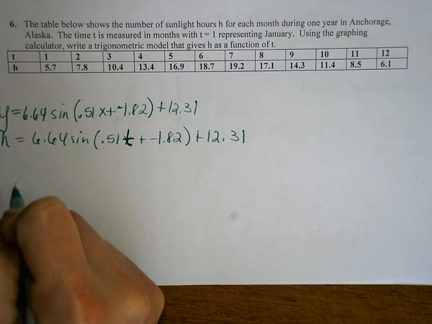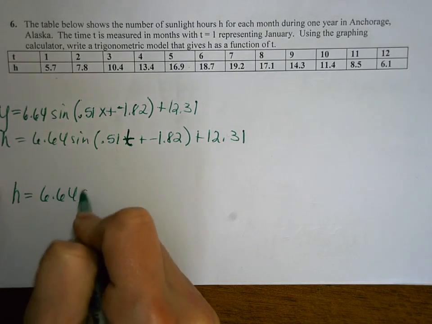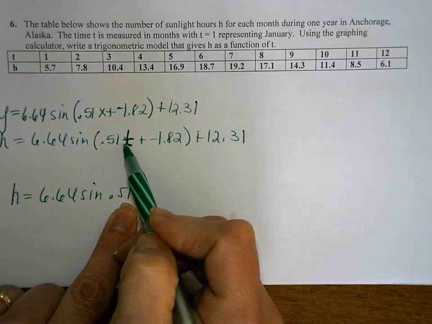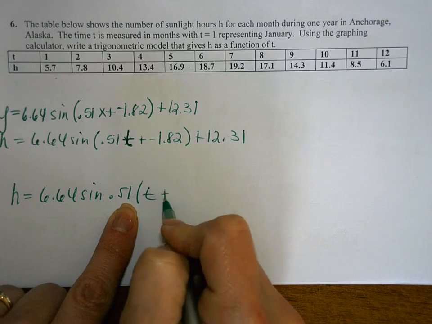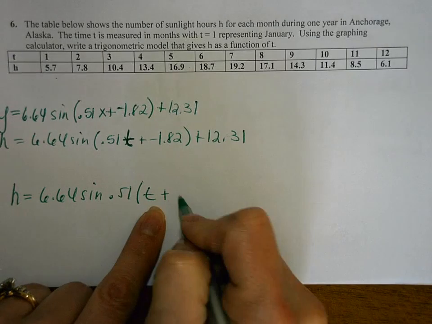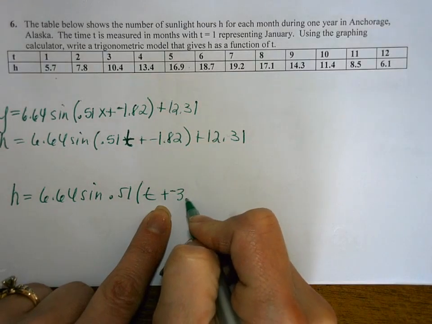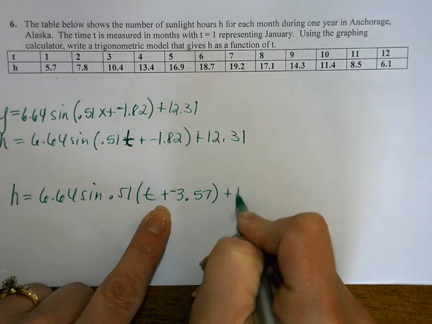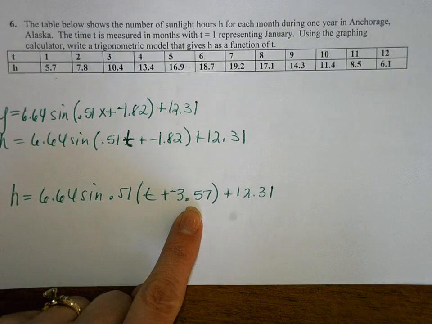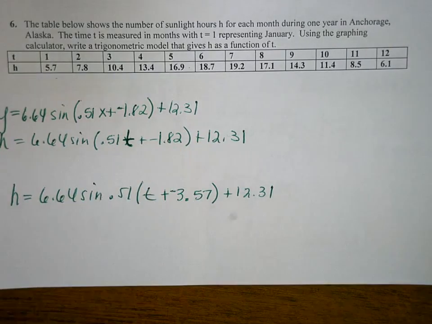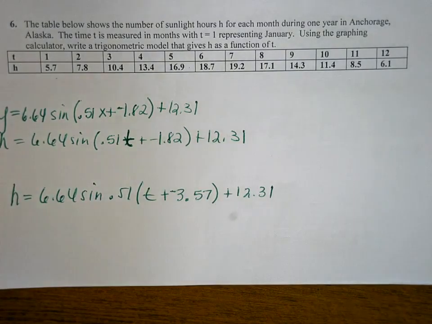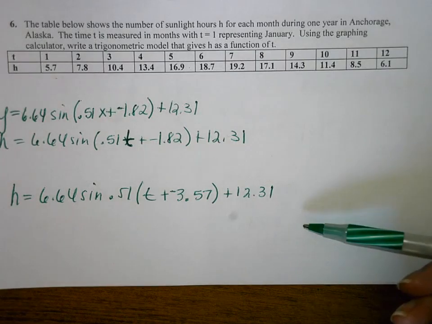So if I really had rewritten this, h is equal to 6.64 sine, and then if I put that 0.51 in front of the parentheses, so 0.51 times t divided by 0.51 is t, plus 1.82 divided by 0.51 is going to be about negative 3.57, plus the 12.31. So notice this is actually a shift to the right 3.57, not 1.82. Does that make sense to everybody? On your homework, I want you to write it exactly as they give it to you, but I want you to understand that that equation really does look a little bit different than we are used to seeing it.